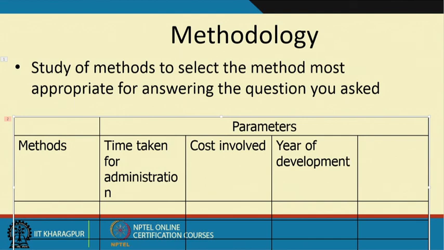In the social sciences specifically, things change with time. So maybe the year in which this particular method was developed and has been used, maybe the last critique you found for a particular method that was developed in the year 1960 was from the year 1985.